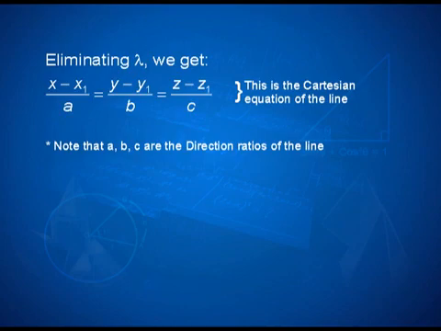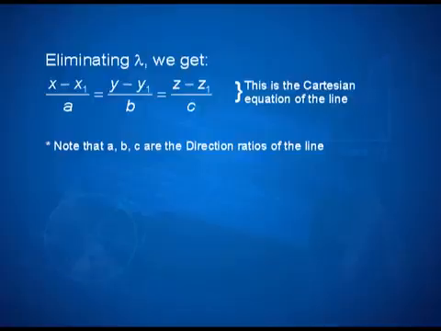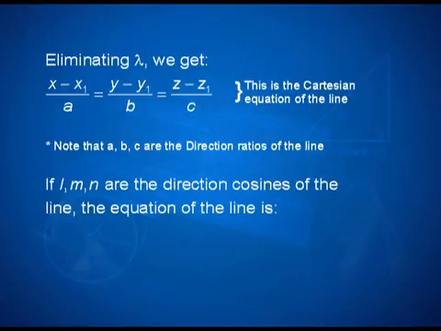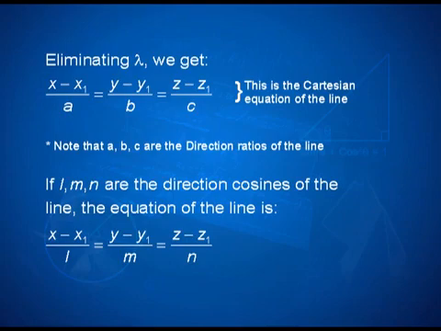These were the direction ratios of the vector to which the line was parallel, and they are what are defined and used as direction ratios of the line. And if l, m, n are direction cosines of the line, then the line's equation in Cartesian will look like (x minus x1) by l equal to (y minus y1) by m equal to (z minus z1) by n.